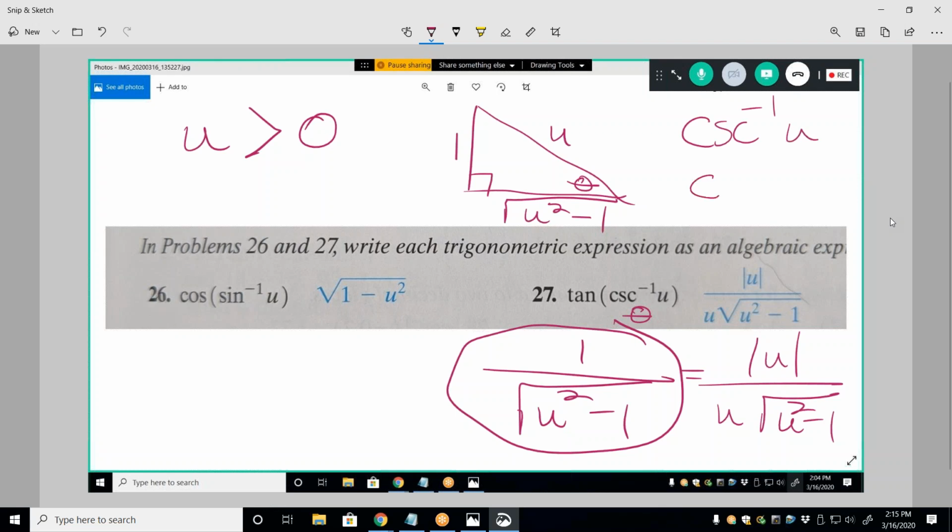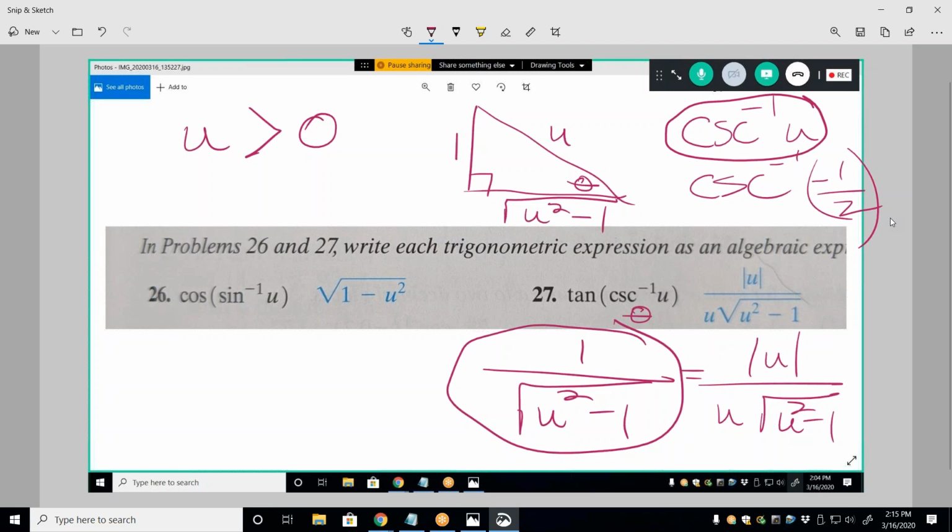I could certainly take the inverse tangent of a negative 1/2. Nothing wrong with doing that. So u can be positive or negative. Aha. For these purposes, u can be positive or negative.